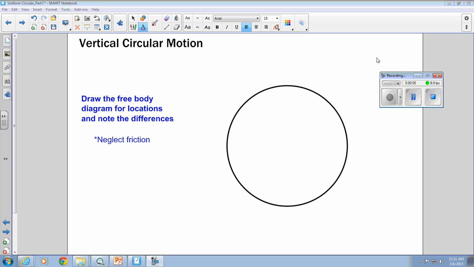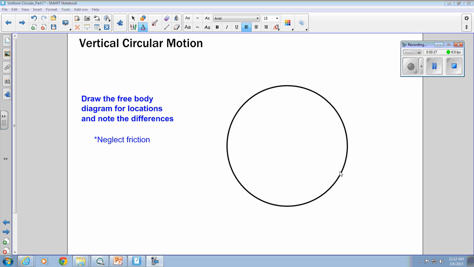The next part of circular motion has to do with vertical circular motion. So we started out by spinning something around in a perfectly horizontal circle, such as somebody swinging something around the top of their head. Now let's talk about what happens when the motion goes in a vertical circular motion.